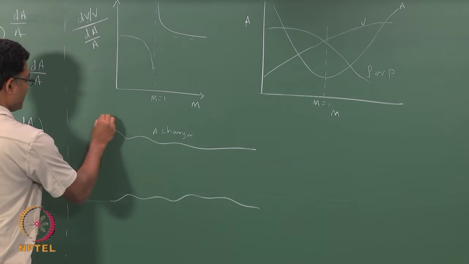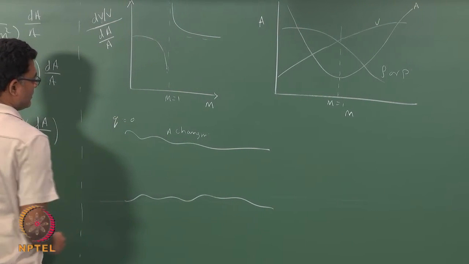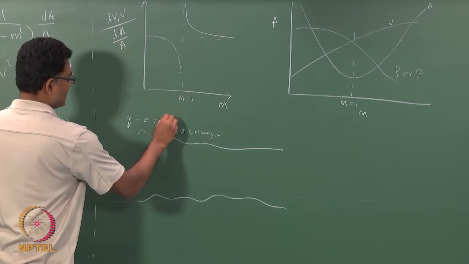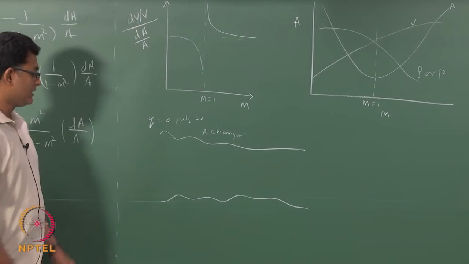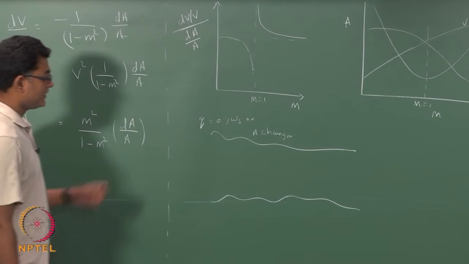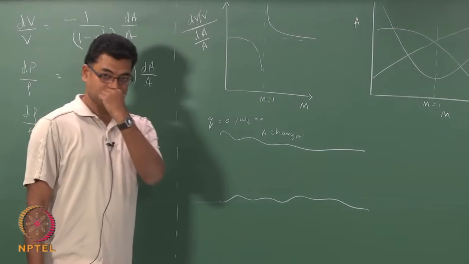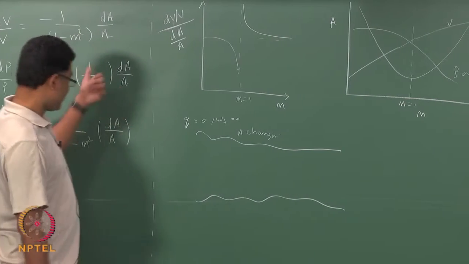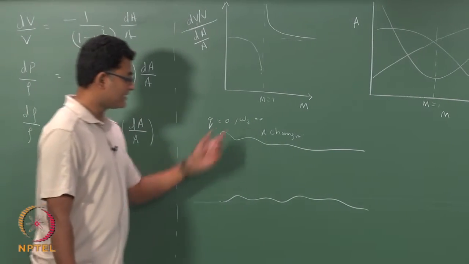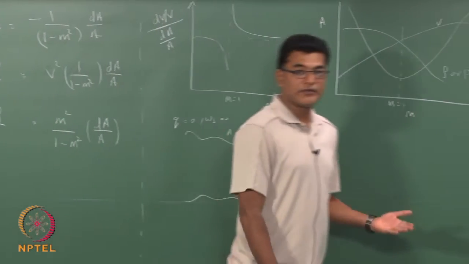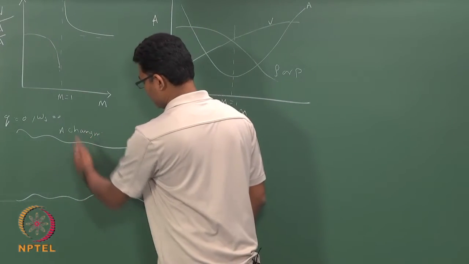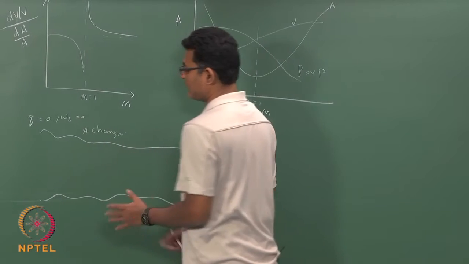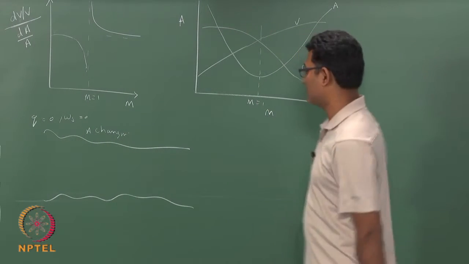We have assumed Q to be 0, W to be 0, and we have also used the energy equation to get this relation. So, with this condition is what we are going to evaluate the area changes. So, for some particular area ratio, can we describe this in terms of Mach number?